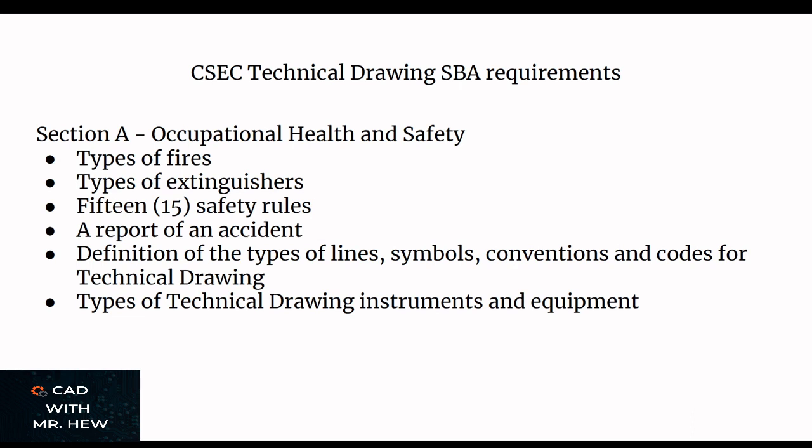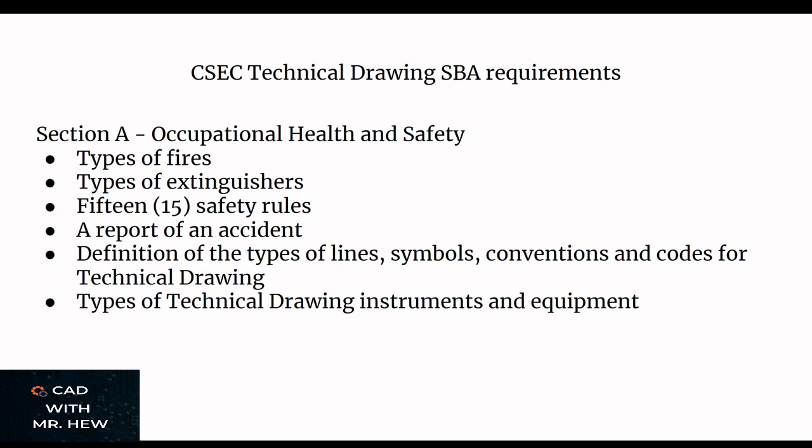An accident report is a detailed documentation of an incident which happened. After the candidate has finished writing the report for an accident, it doesn't have to be a real accident.